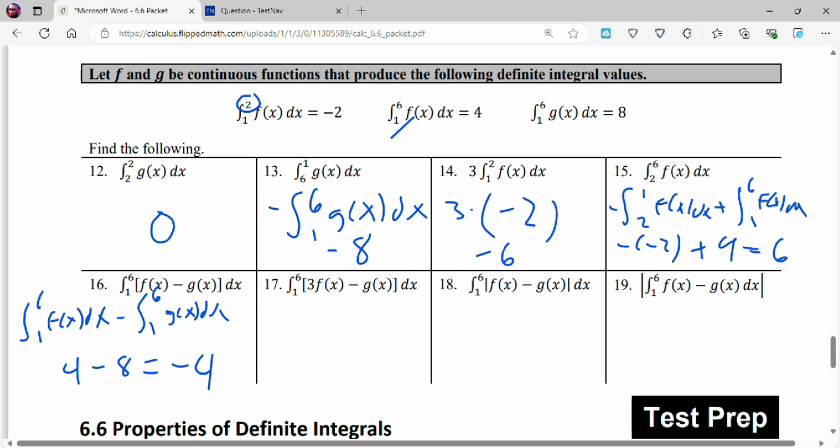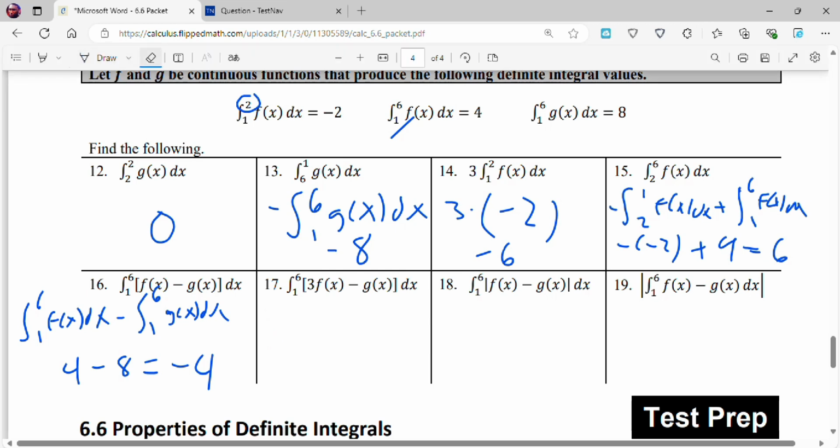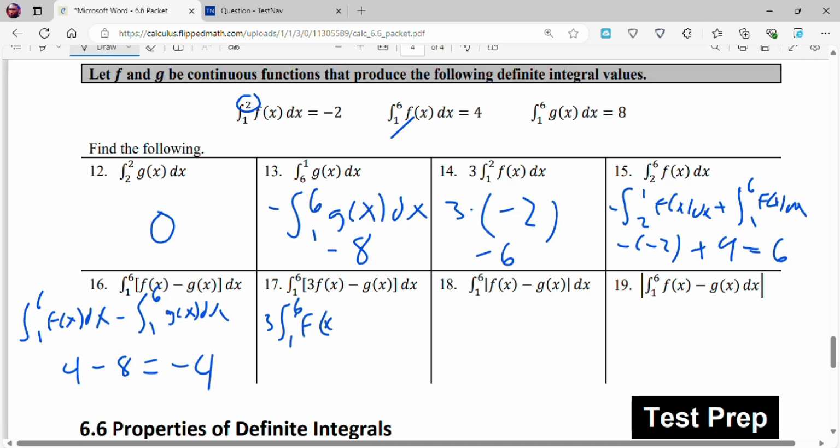Okay, integral from 1 to 6 of 3 times f of x minus g of x. So again, this is exactly like the last problem, but we're now going to have, okay, let me rewrite that. I'll put the constant on the outside. So we have this, that's a 6, minus 1 to 6 g of x dx.